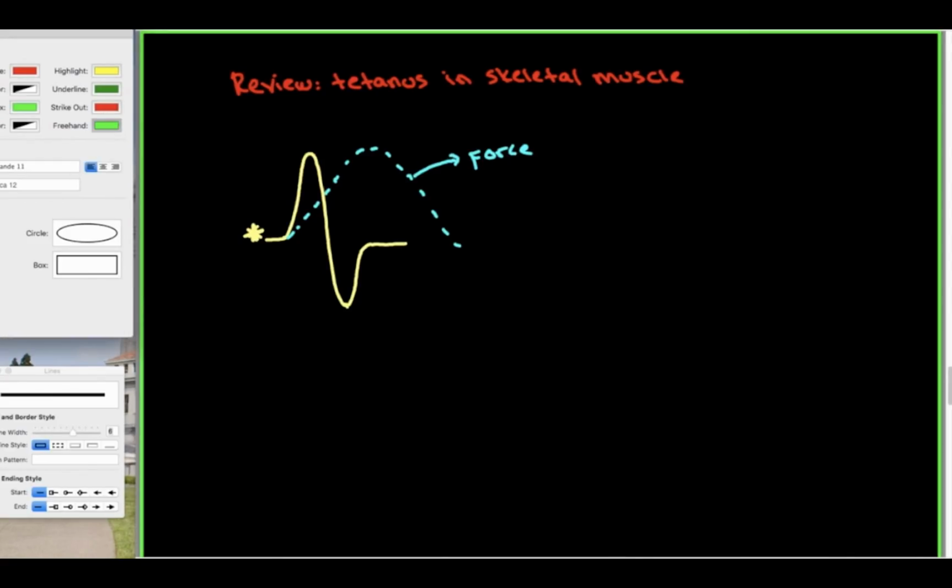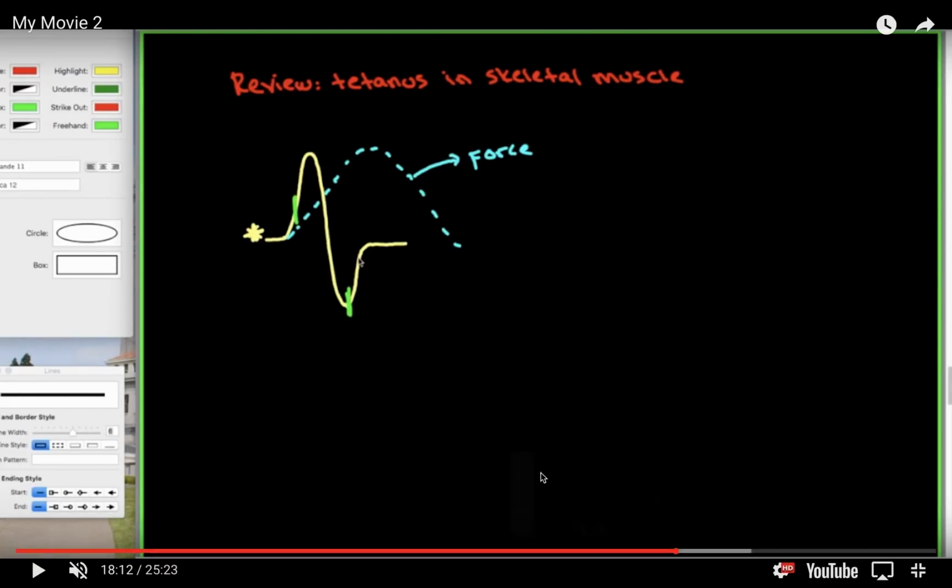But in this action potential, the absolute refractory period goes from there to there. So theoretically, I could stimulate this muscle cell again starting right here. But this skeletal muscle cell is still not yet fully relaxed. All of its calcium is not back into the sarcoplasmic reticulum yet.